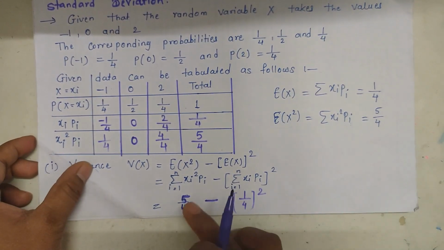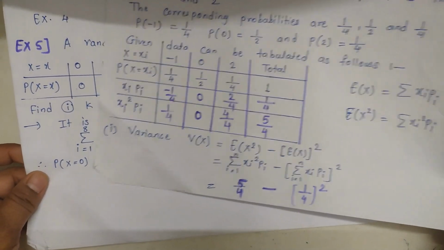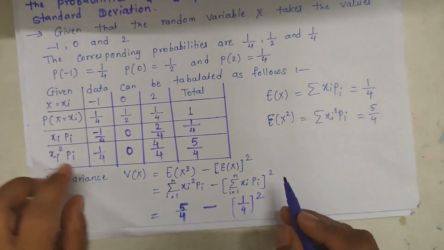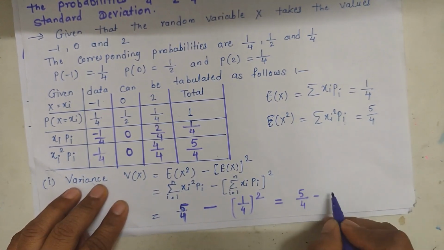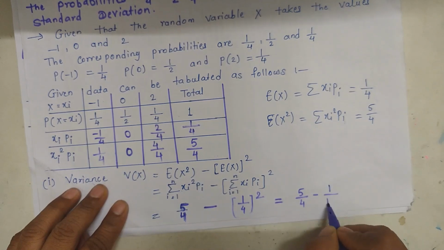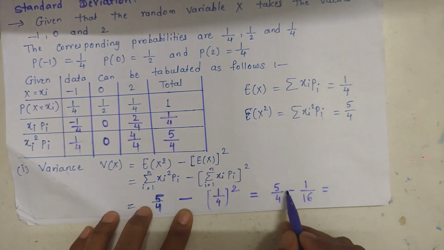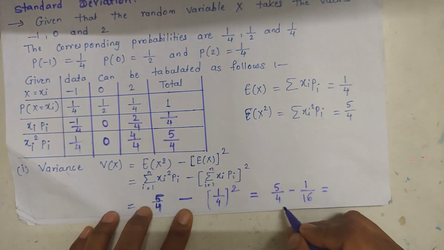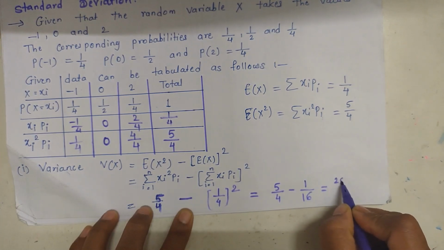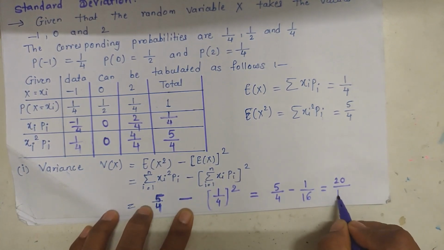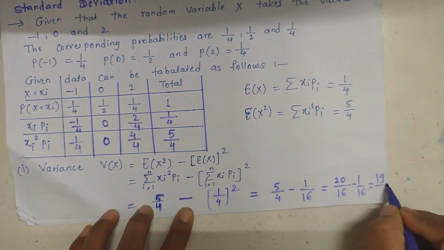So write here 5 by 4 minus 1 by 4 square, that is 1 by 16. Making the denominator common, multiplying numerator and denominator by 4, the value is 20 upon 16 minus 1 by 16, which is equal to 19 by 16.